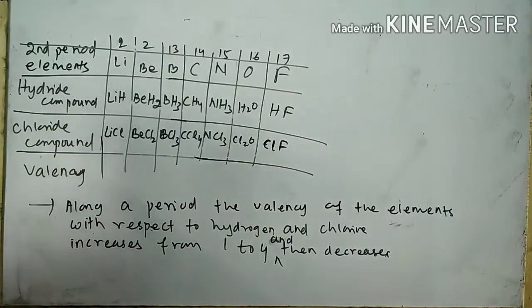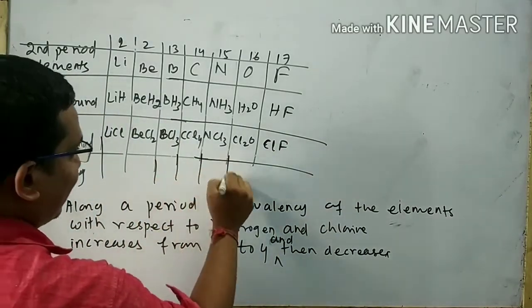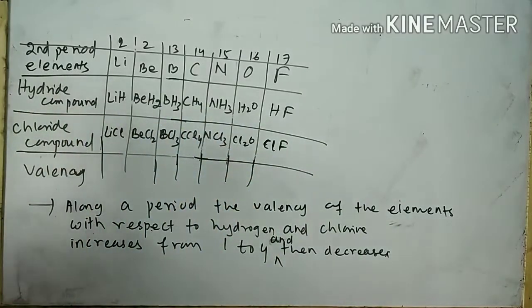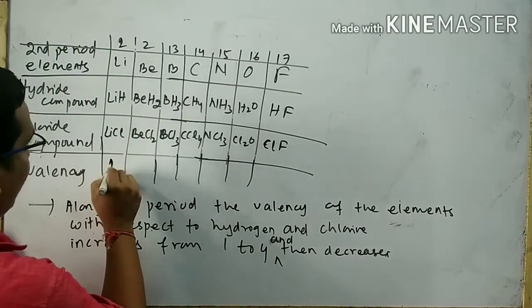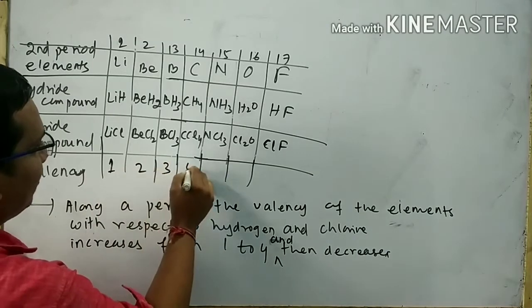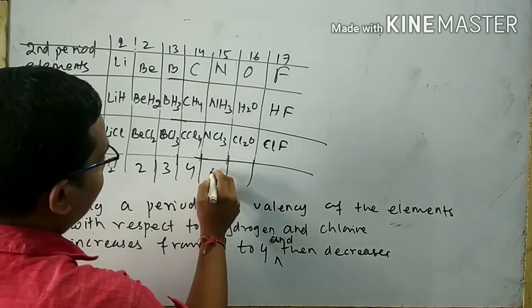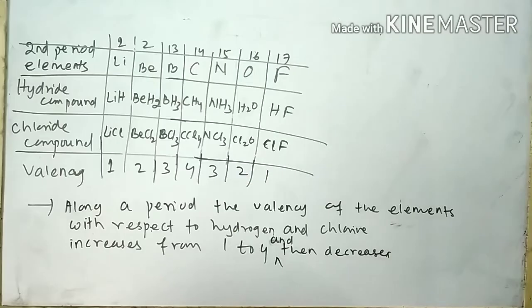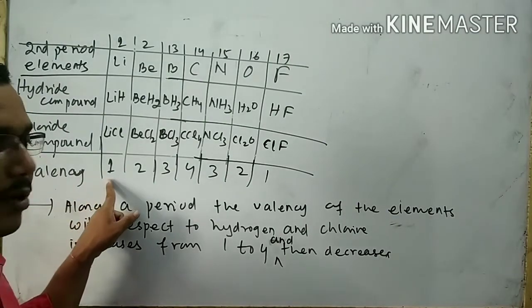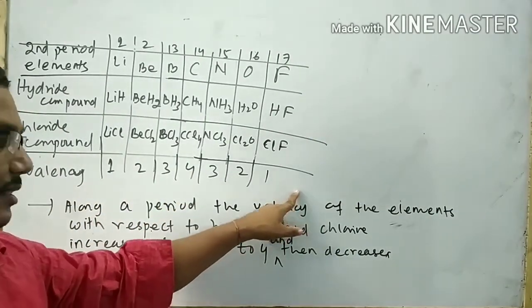Then what are the valencies of the second period elements in these compounds? The valency of lithium is 1, next 2, 3, 4, next 3 to 1. Look at that, the valency increases from 1 to 4, then decreases.